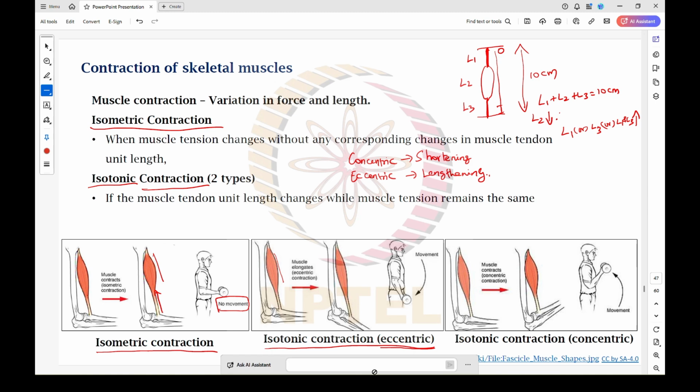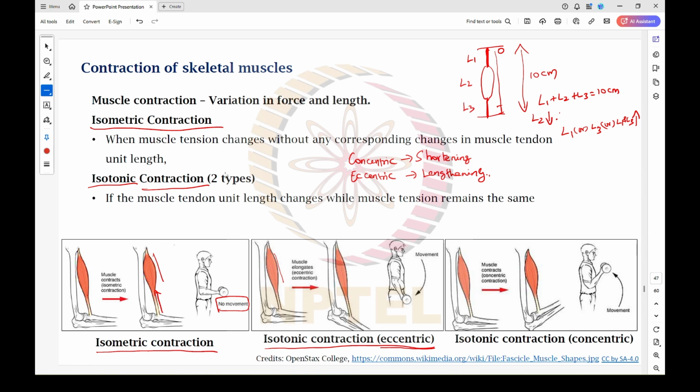So by muscle tendon, it means the tendon that is attached at the origin, plus the muscle in between, plus the tendon that is attached to the distal side or the insertion point.